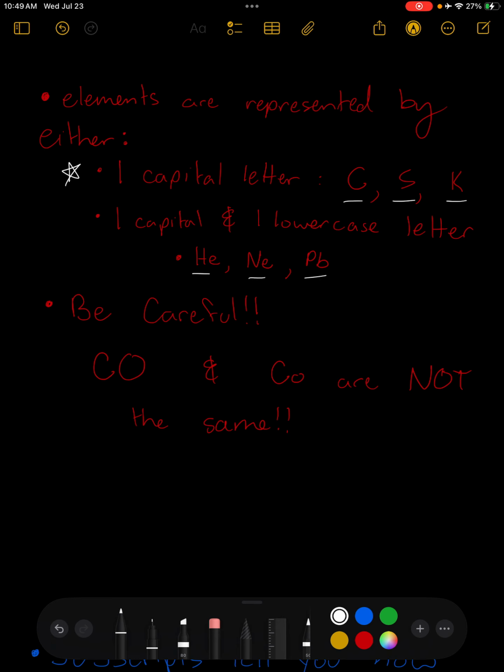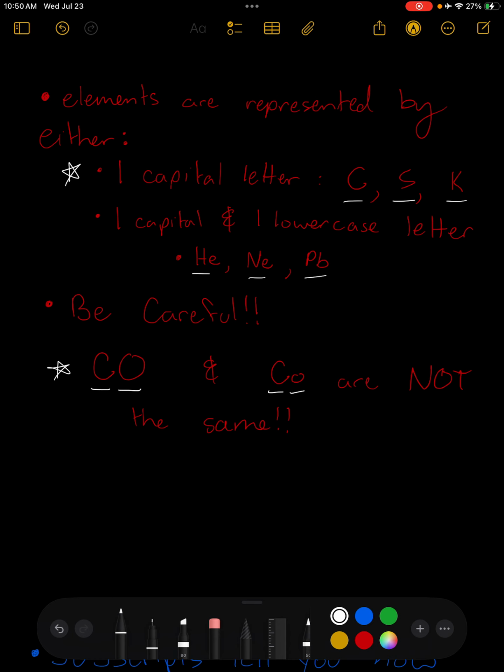But you need to be careful when you're looking at these element symbols because some element symbols can look a little bit similar to one another. And the best example I can think of right now is this here. So a capital C and a capital O represents the elements carbon and oxygen. However, a capital C and a lowercase o together is just one element, cobalt.